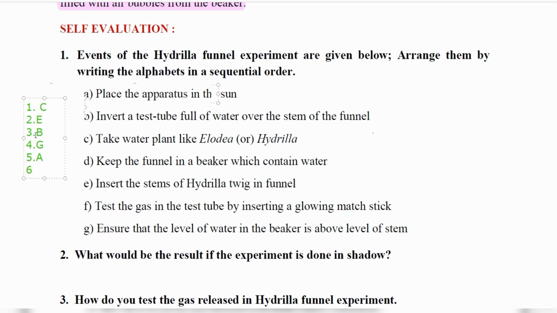So here C, take the plant; E, insert the stems in the funnel. Next, keep the funnel in a beaker which contains water. Yes. Now the third one is D. Now the fourth one, G. Ensure that the level of water in the beaker is above the level of the stem. And the fifth one, A. Place the apparatus in the sun.